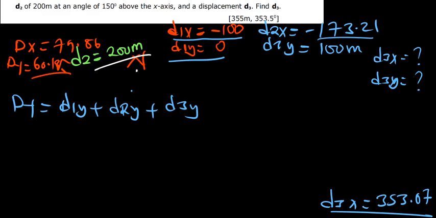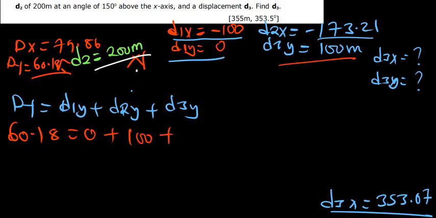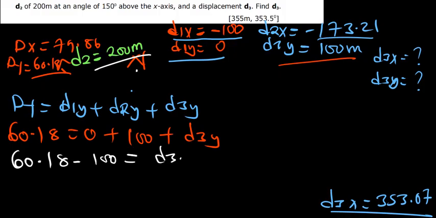See here, 60.18 should be equal to, D1y is 0, D2y is here 100, plus D3y. So shift 100 to the other side, you have 60.18 minus 100 should be equal to D3y.